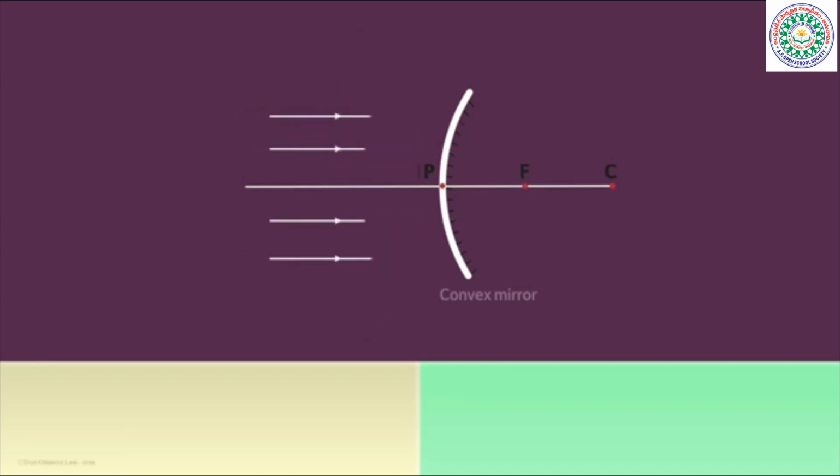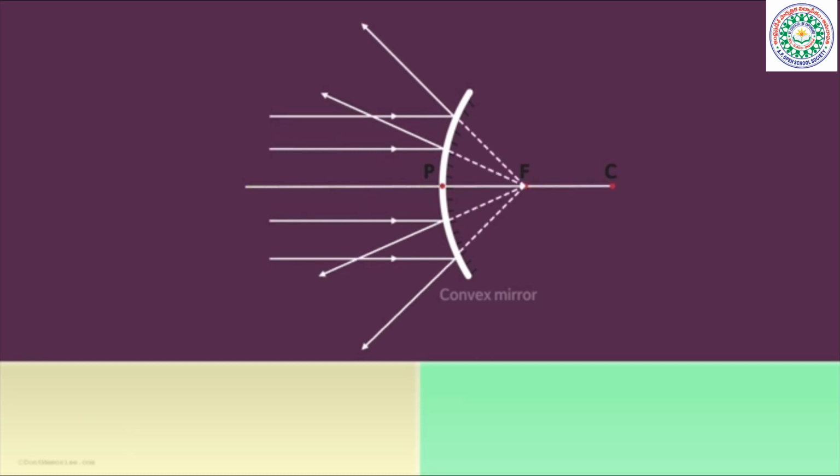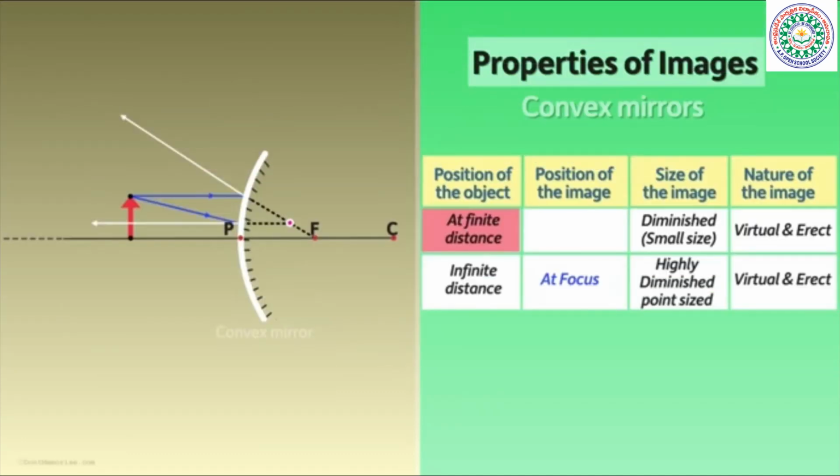Also, if the incident ray is traveling parallel to the principal axis, then after reflection, it will look as if it originated from the focal point. For instance, here all these reflected rays seem to be coming from this focal point. With this bit of knowledge, let's jump back to where we were initially. Now I think you understood the reason behind my choice of these two rays.